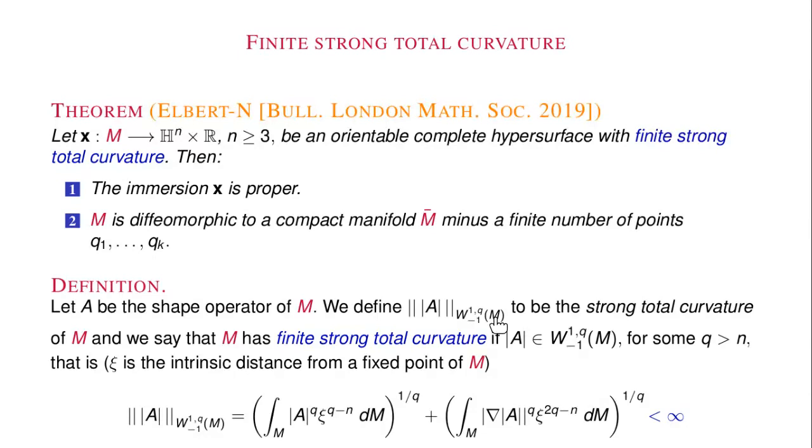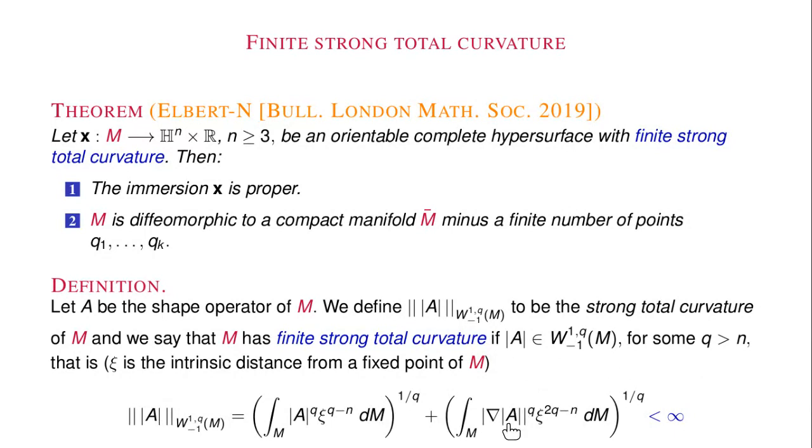Let me define this norm. We take the shape operator of M, and we define this norm that I will not pronounce. It's the norm of the second fundamental form in a suitable weighted Sobolev space. If the norm in this space is finite, then the hypersurface has finite strong total curvature.